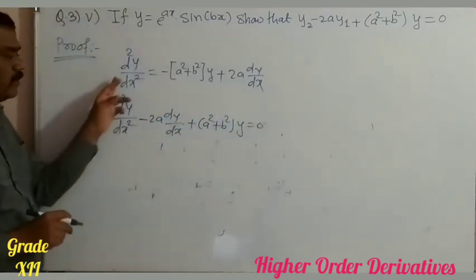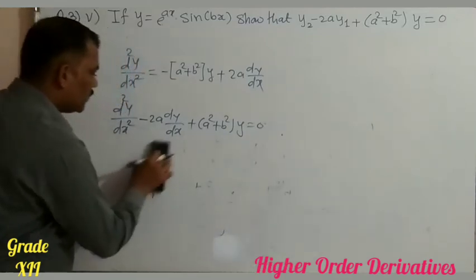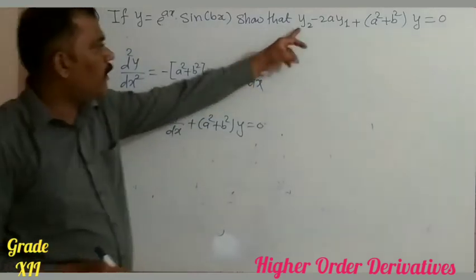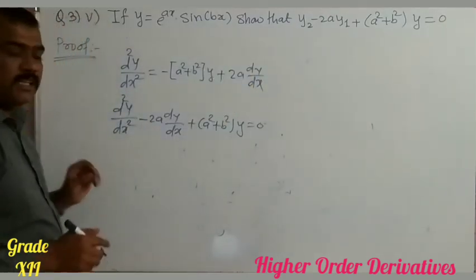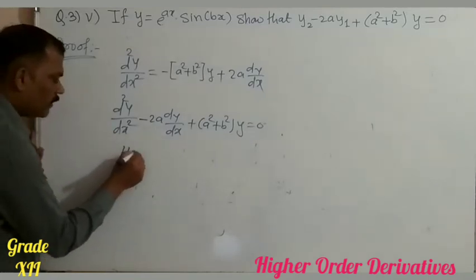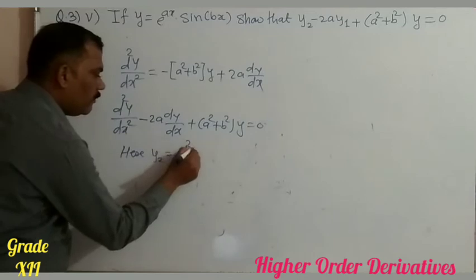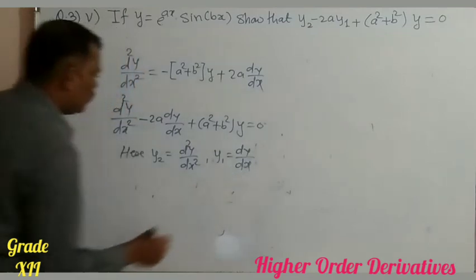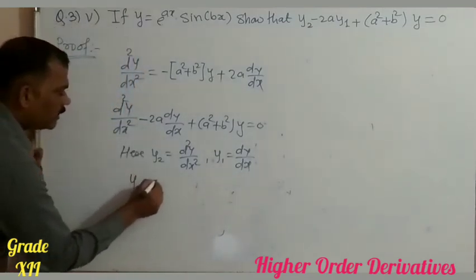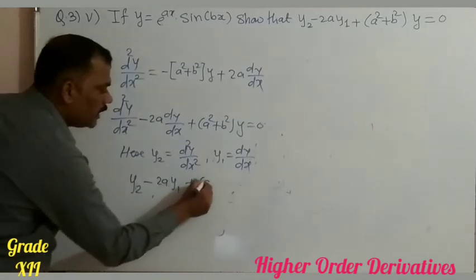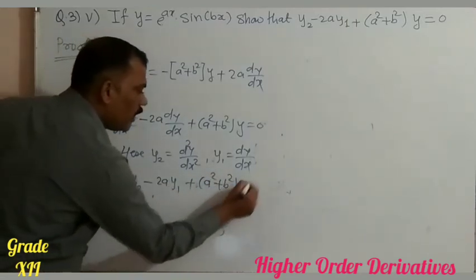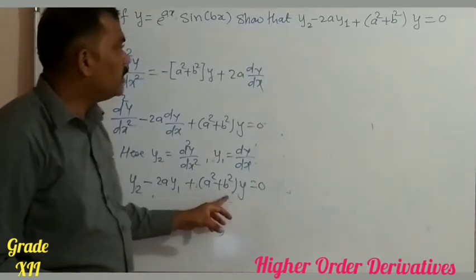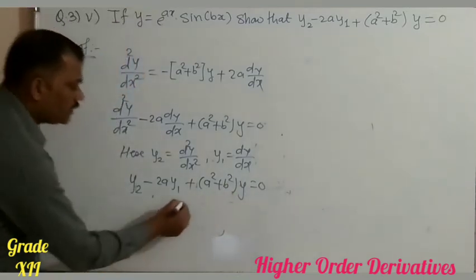Now d2y by dx square is represented by y2, and dy by dx is represented by y1. So y2 minus twice a into y1 plus (a square plus b square) into y is equal to 0. Hence the proof.